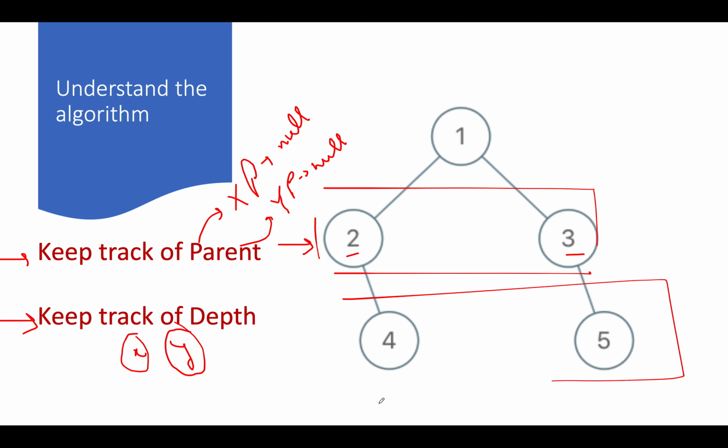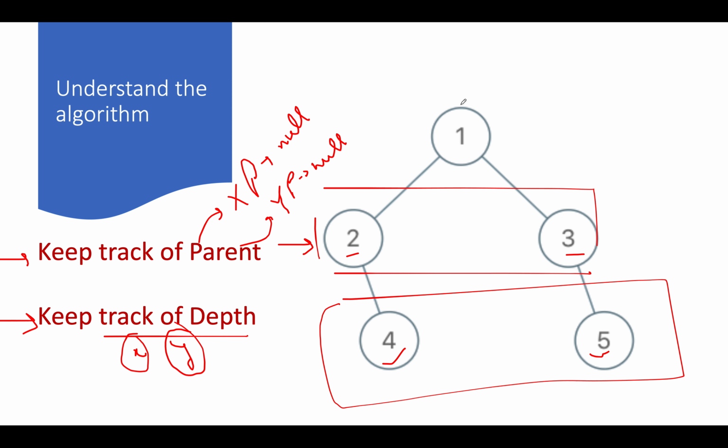Similarly, 4 and 5 will be traversed at the same time in the queue. So you don't need to keep track of the depth. If both these nodes are getting operated at the same time in your queue, that simply means that they have the same depth.